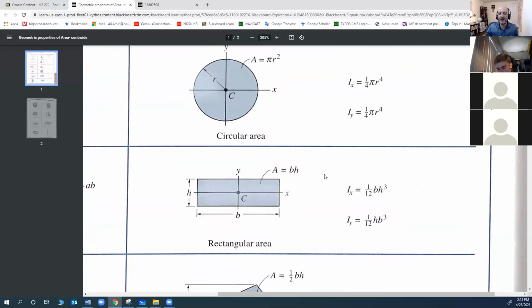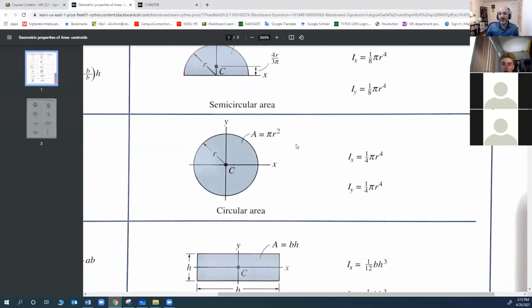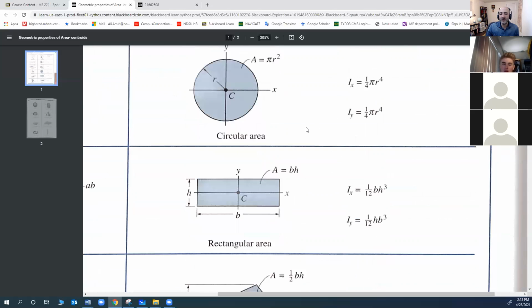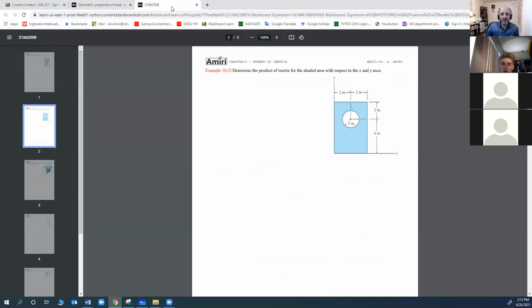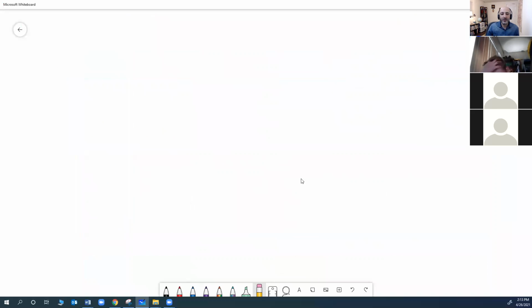Usually these two are very popular to remember. As an engineer, and believe me, you're going to remember these two by the end of this course because you're going to use them a lot. The other shapes, you don't have to memorize any of those. You can always refer to these tables or Google or find other standard tables, and they're usually listed. So now, with this information, let's go back to solving our area that we intended to do.